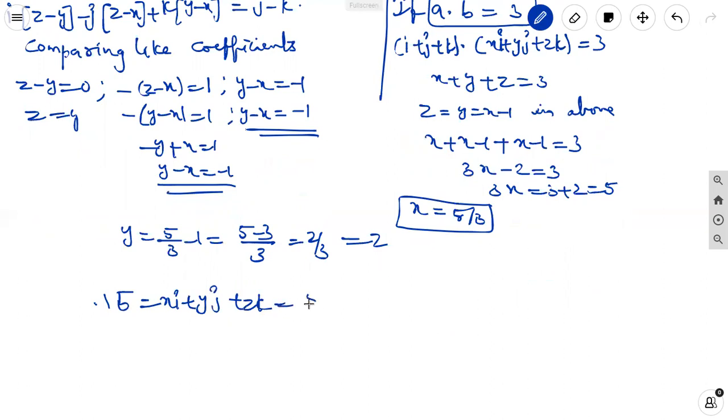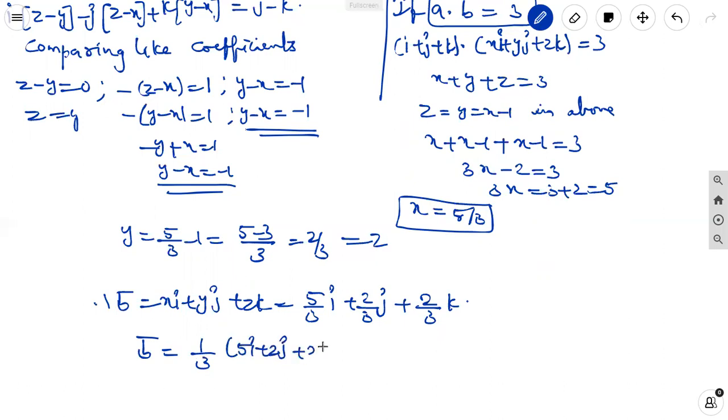Here X is 5 by 3 i, Y is 2 by 3 j, Z is also 2 by 3 k. This is the B vector equal to 1 by 3 into 5i plus 2j plus 2k. It is the required vector by the relation of A cross B equal to C and A dot B equal to 3.